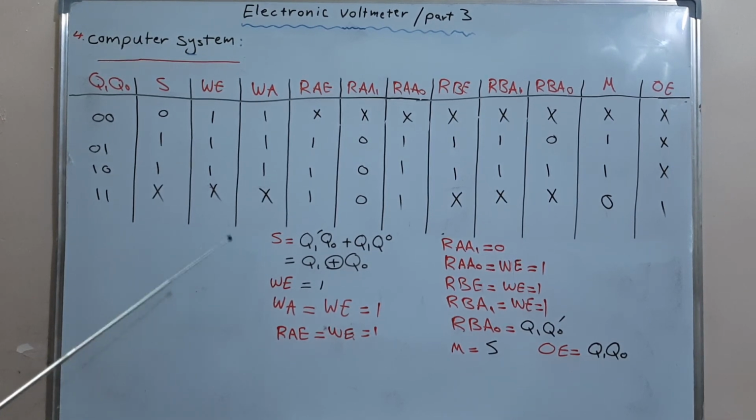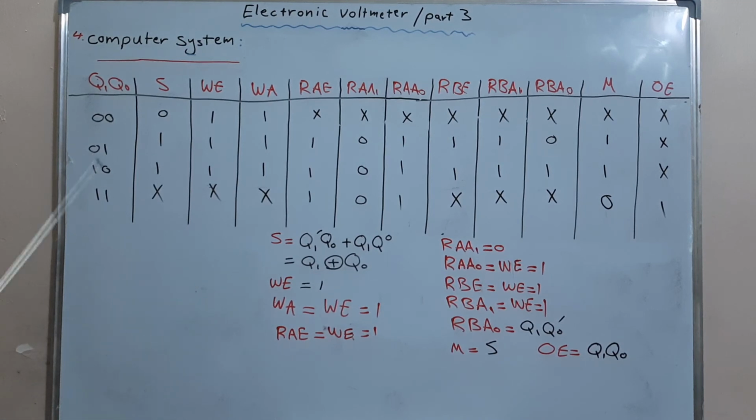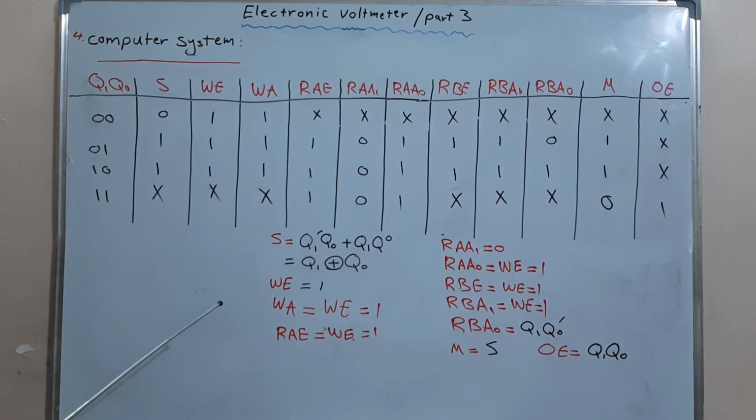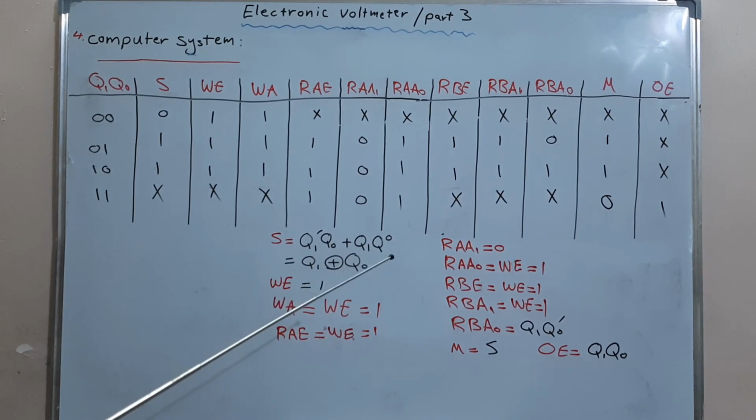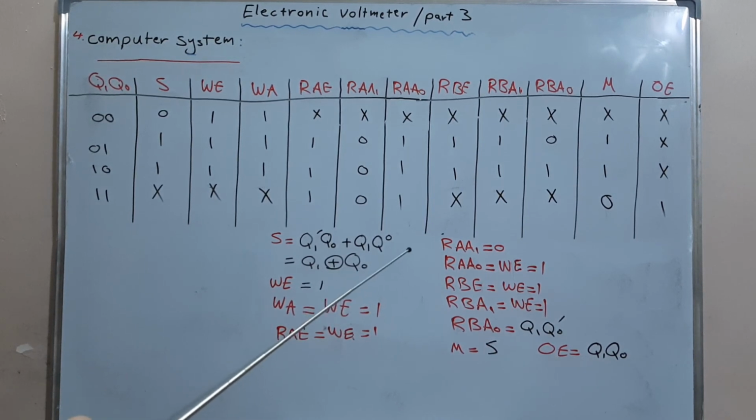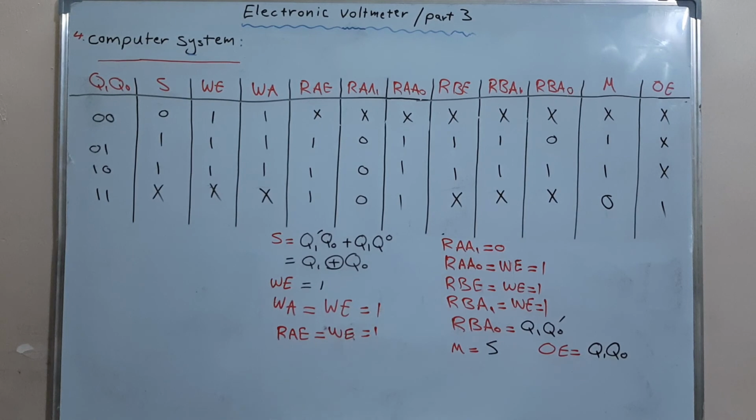So the value of S is equal to 1 whenever Q1 is equal to 0 and Q0 is equal to 1, or Q1 is equal to 1 and Q0 is equal to 0, so that it's equal to Q1 XOR Q0. The values of WE, WA, RAE, RAA0, RBE, RBA1 are all equal to 1, and the value of RAA1 is equal to 0.